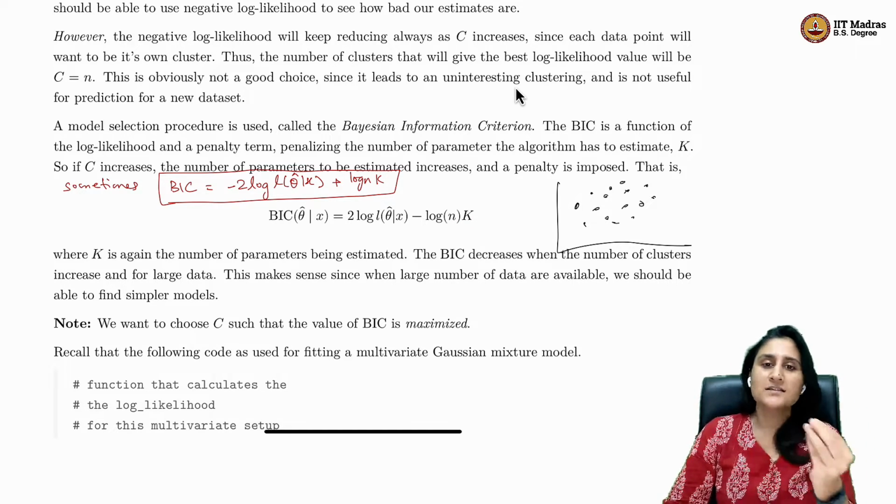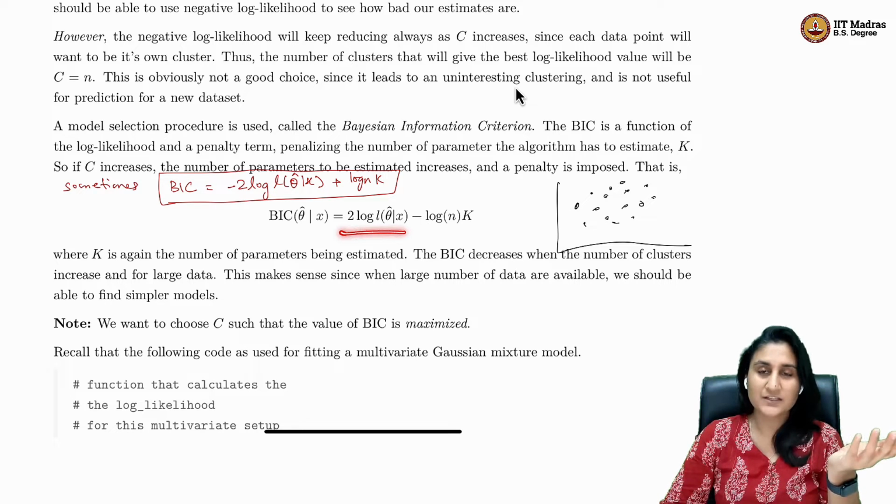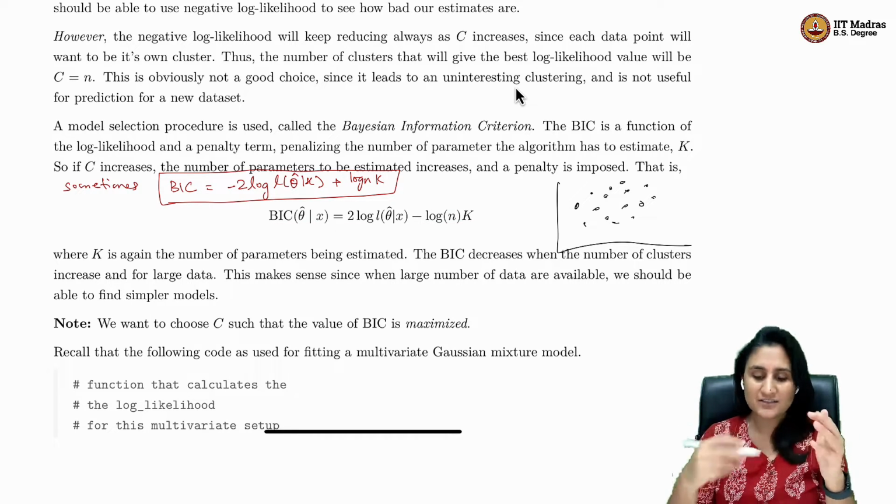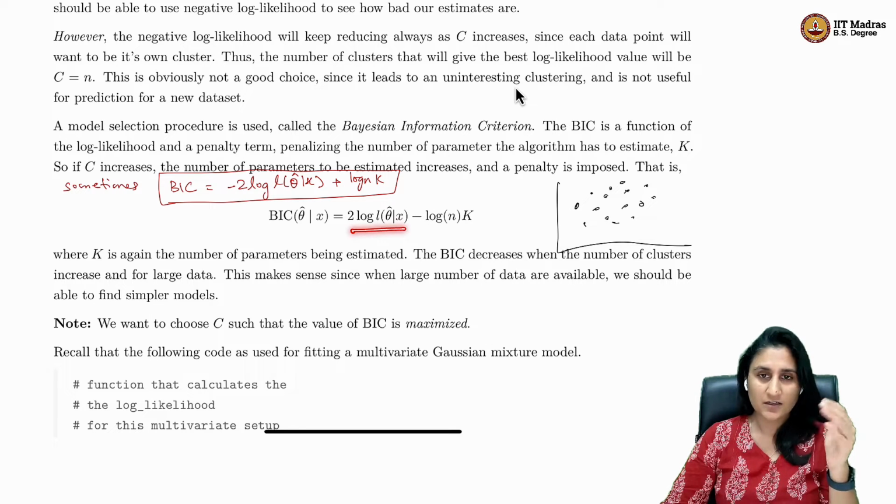Okay, so increasing the number of clusters is going to naturally increase the log likelihood, but also increase this term, making the BIC potentially smaller. So there will be some increasing value of C where the increase in the log likelihood is more significant than the penalty imposed by the number of components introduced.